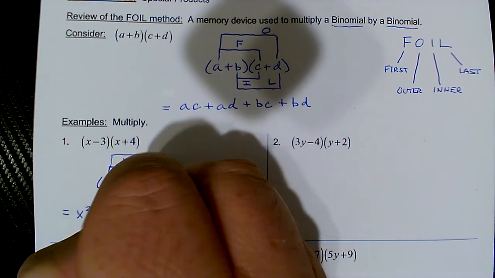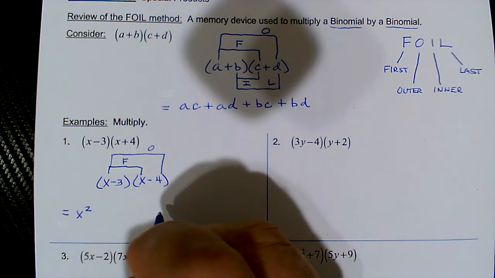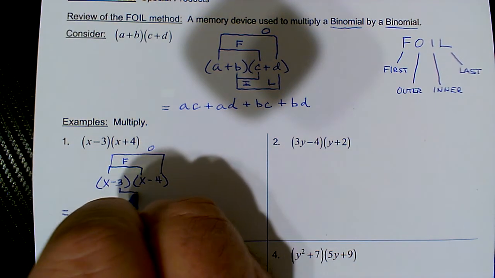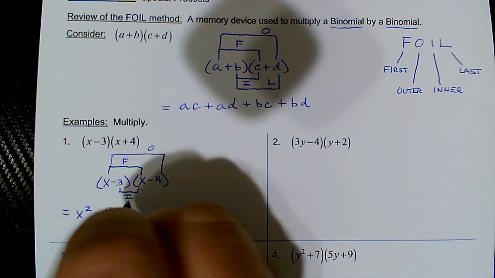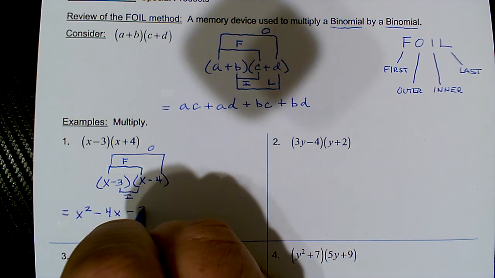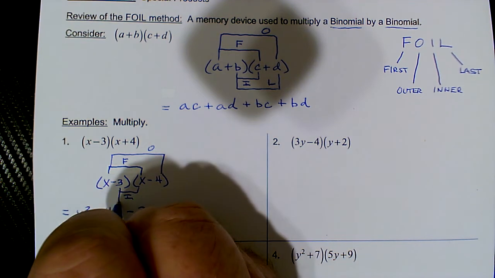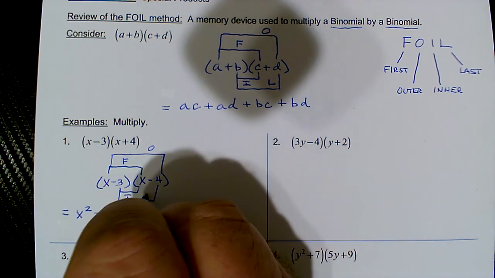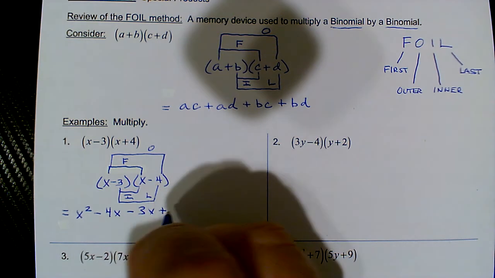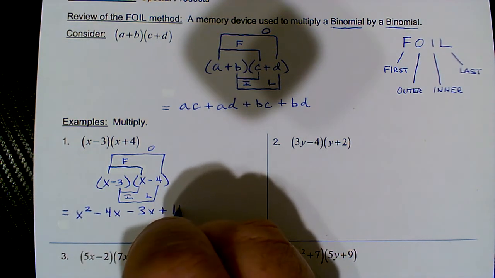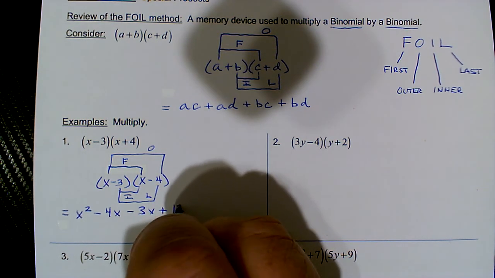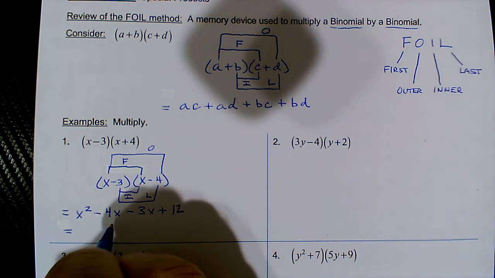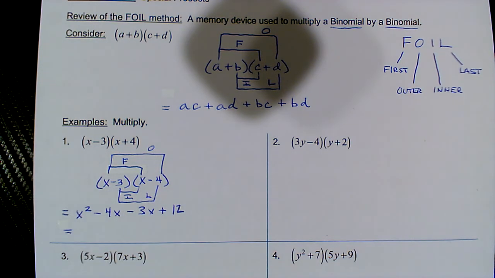The outer, x times negative 4, that's a negative 4x. The inner, negative 3 times x, negative 3x. And then the last terms, negative 3 times negative 4, that is positive 12. And then, as we've experienced on many occasions, we can combine the inners and the outers.